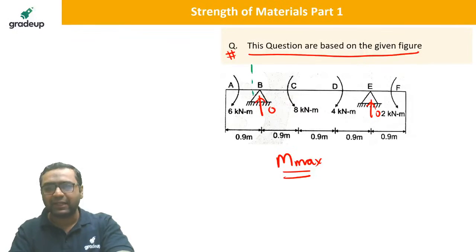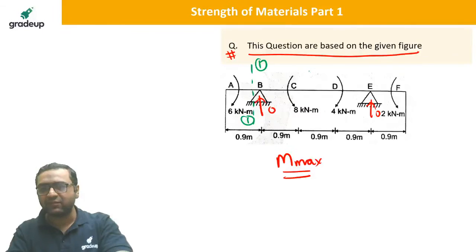One section I will be taking here, this is 1-1. The second section will be this. Because the reaction is 0, you can take it here, but it is not useful. It is 2-2 section. Then it is 3-3 because reactions are 0.